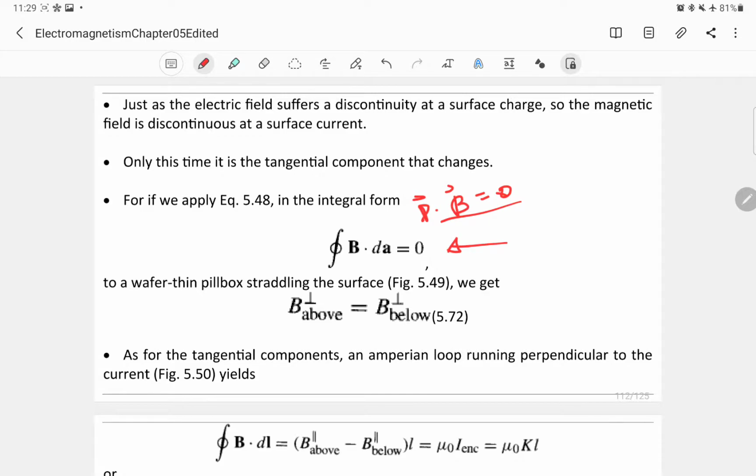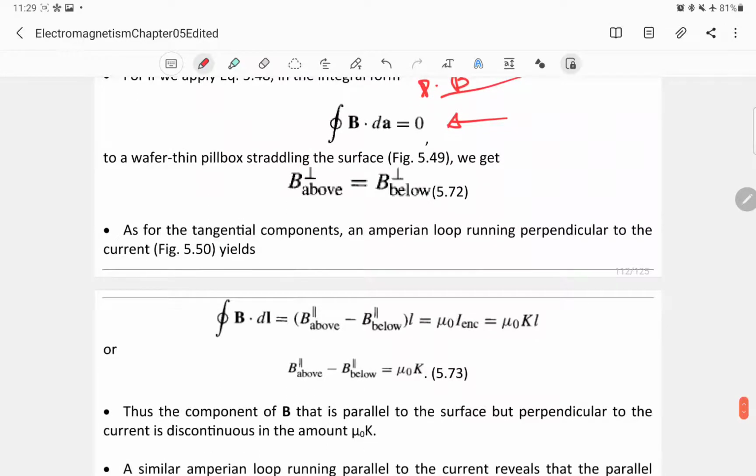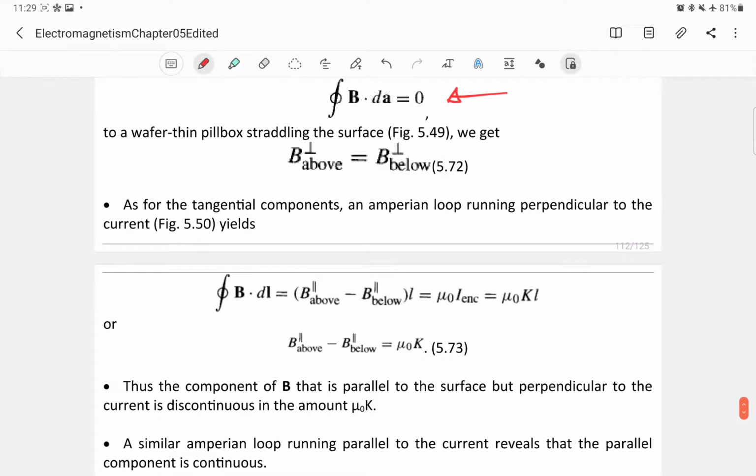Now we put a wafer thin pillbox straddling the surface. So the perpendicular component is continuous, as we discussed earlier. Only the tangential component changes with the magnetic field, unlike in the electric field. So anyway, we can put a wafer thin pillbox to cut a portion of the surface.